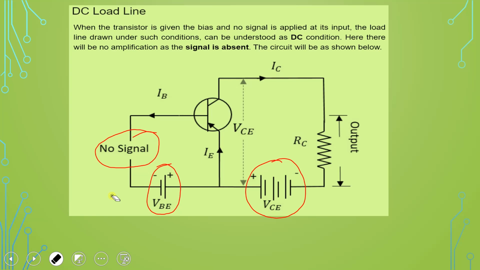When the transistor is given the bias and no signal is applied at its input, the load line drawn under such a condition can be understood as the DC condition. There will be no amplification as the signal is absent, because we are not giving any input signal, so this amplifier is not amplifying any signal.